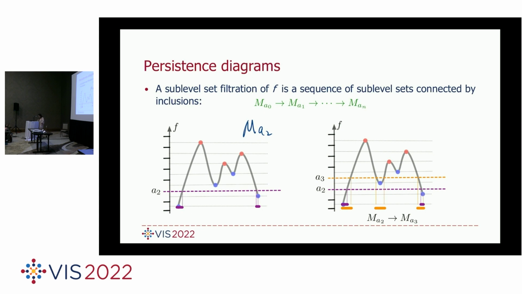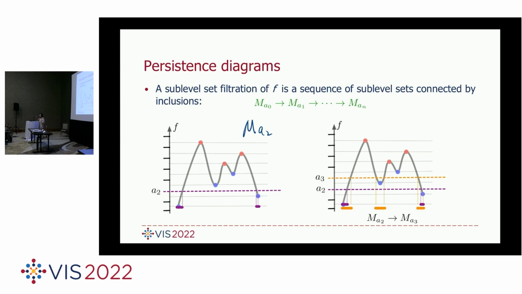Now, if I increase my function value from A2 to A3, correspondingly, I have these orange intervals. And what's important is as I'm increasing my threshold, there is a natural inclusion between my sublevel sets. Okay, which means that the purple pieces are included in the orange pieces.